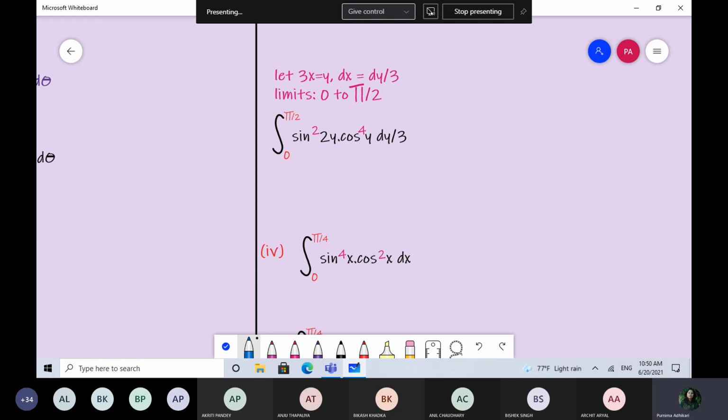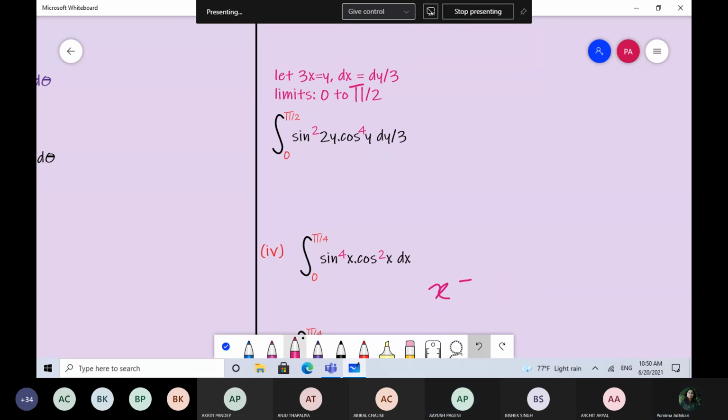How are we going to deal with this? What substitution? X by 2. Yes, what are you saying? Repeat it. X is equal to x by 2 or y by 2. Y by 2. Should we put y equals 2x?